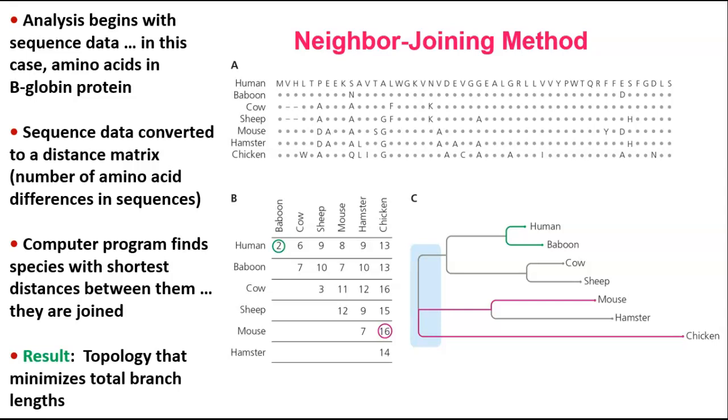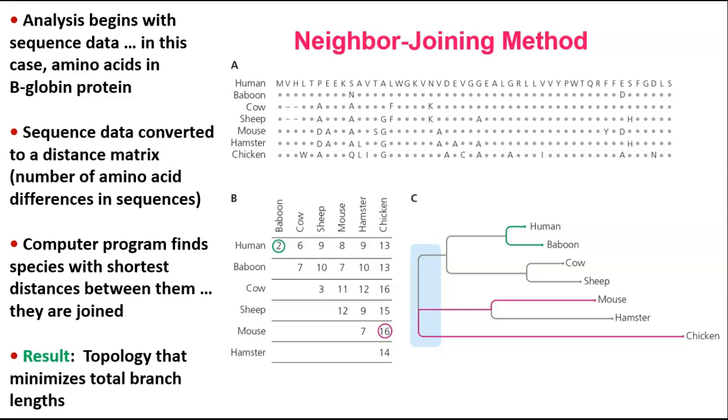Then a computer program algorithm finds the species with the shortest distances between them and builds a neighbor joining tree. And that's what you see in figure C. Since the human and the baboon only had 2 amino acid differences between them, they are the most similar. They are joined as being most closely related in that tree.